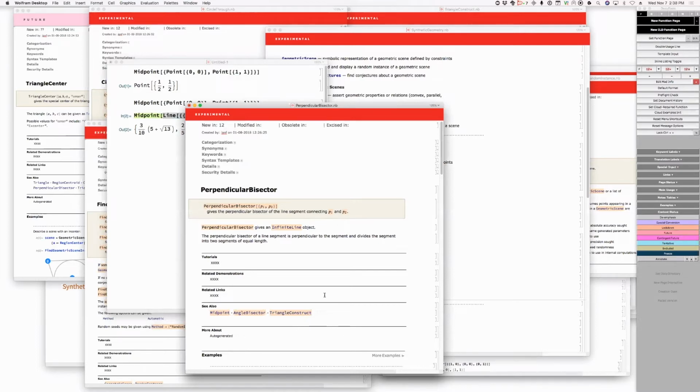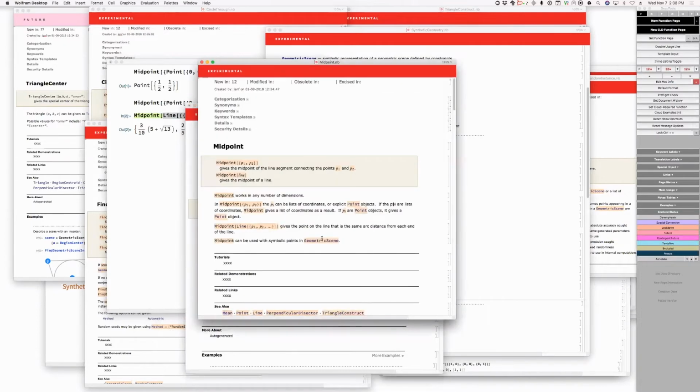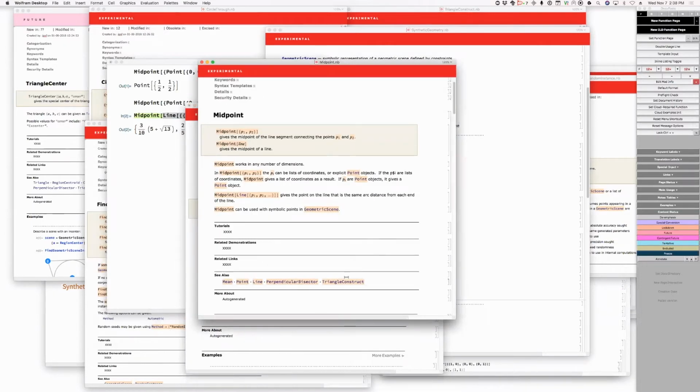Don't we want to point these things, including midpoint, also at geometric scene? I think we do.